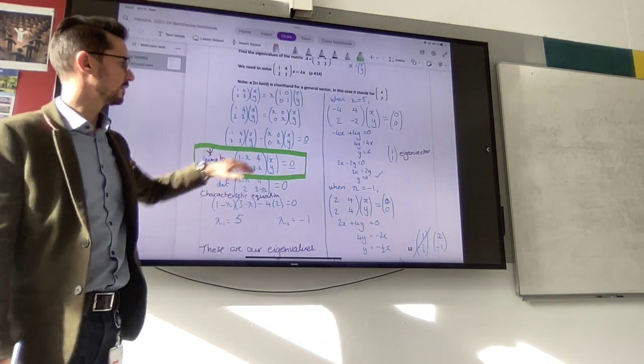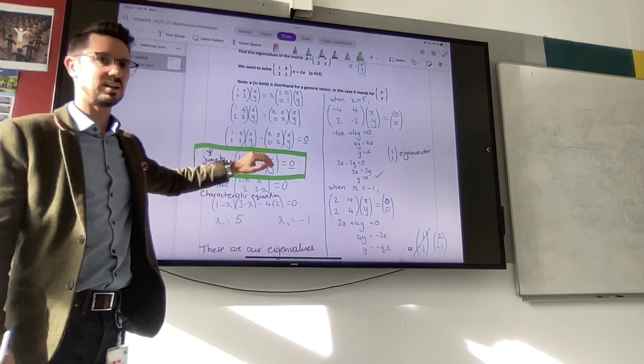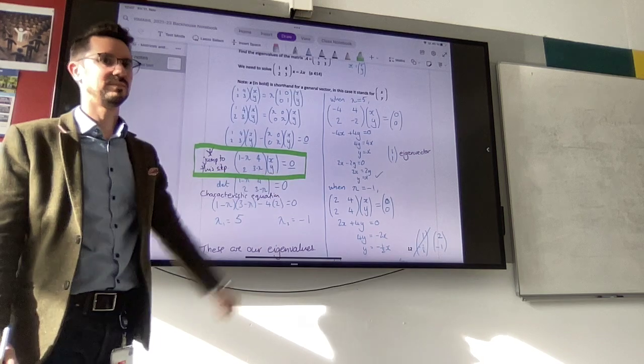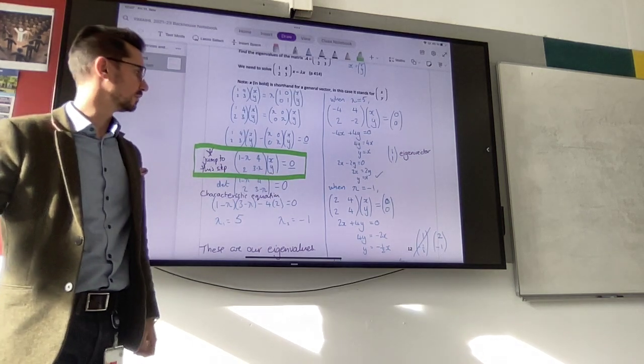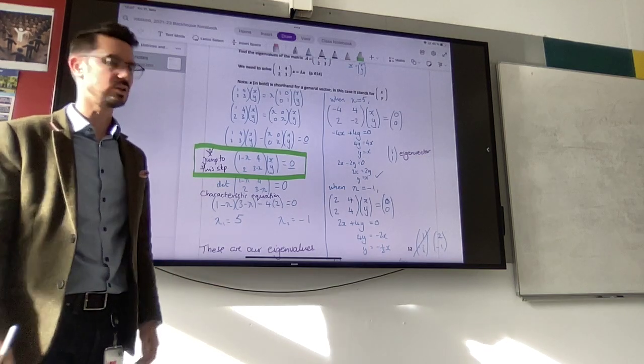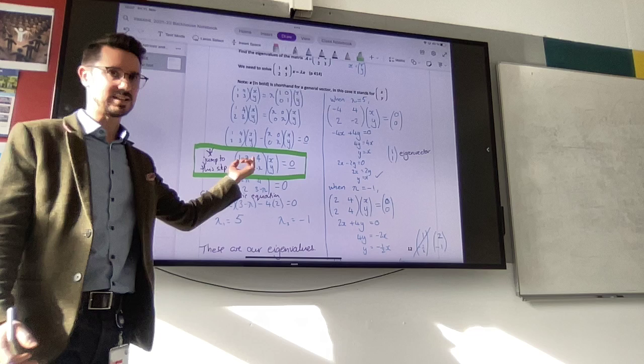So all we'll end up finding is the origin, basically. We'll get x equals 0 and y equals 0. So if we want any other results, we need to say that there isn't an inverse.